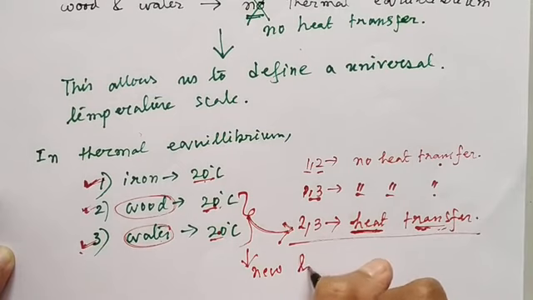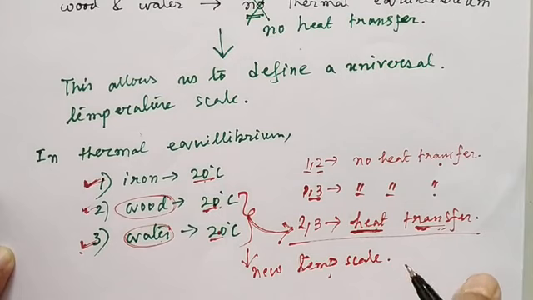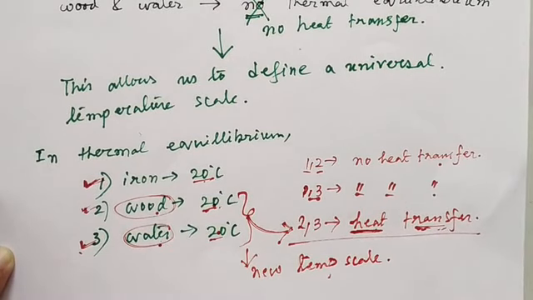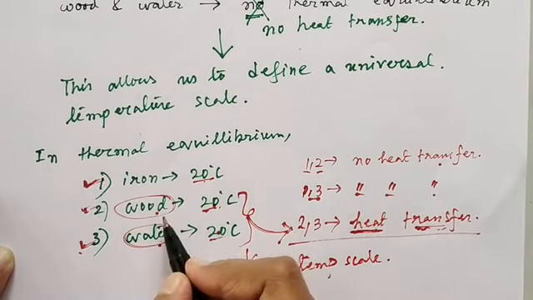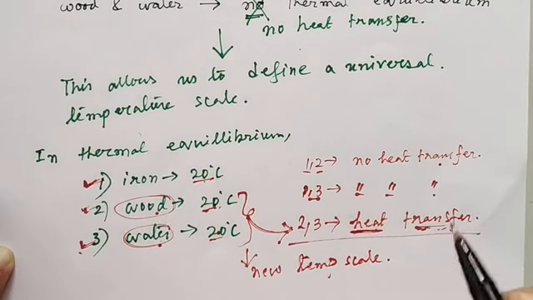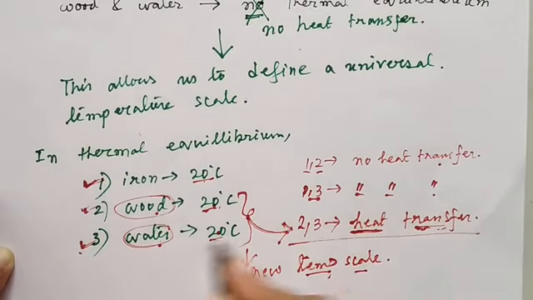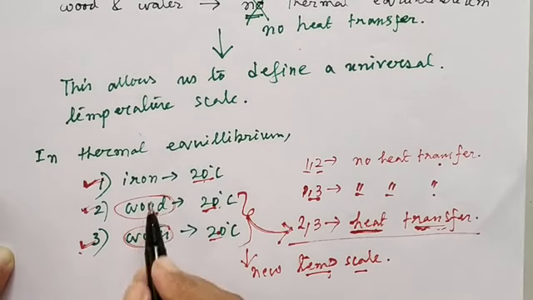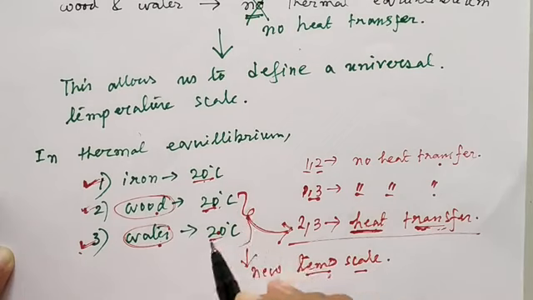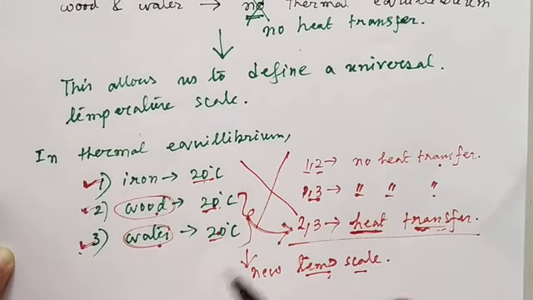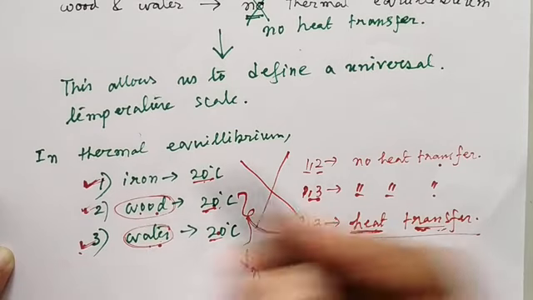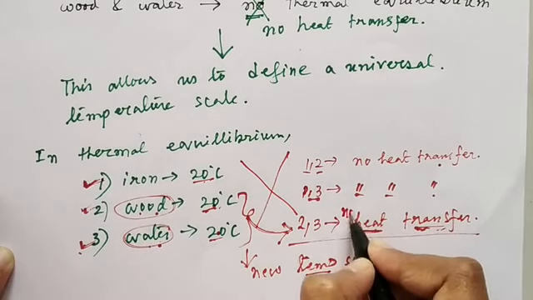So now you have to define a new temperature scale for this wood and water pair. That is, for different pairs of objects or materials, you have to define a new temperature scale. So it would not allow us to use a universal temperature scale applicable for all objects or materials. But thankfully, this is not the case, because if you put wood and water in thermal contact, you will again observe no heat transfer.